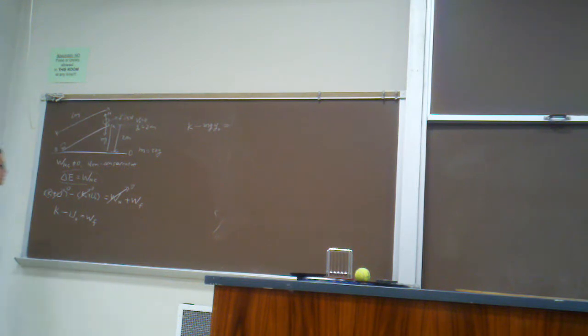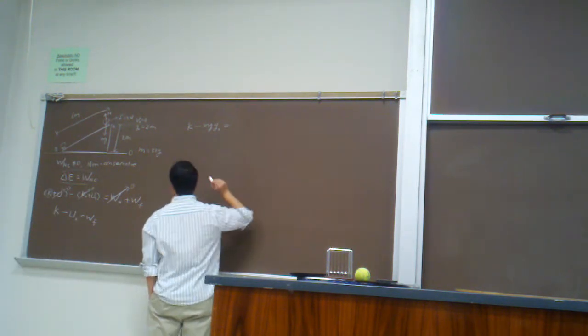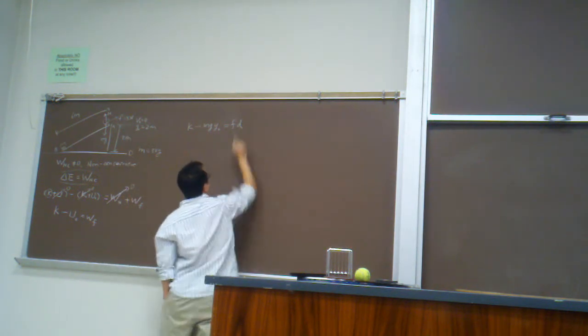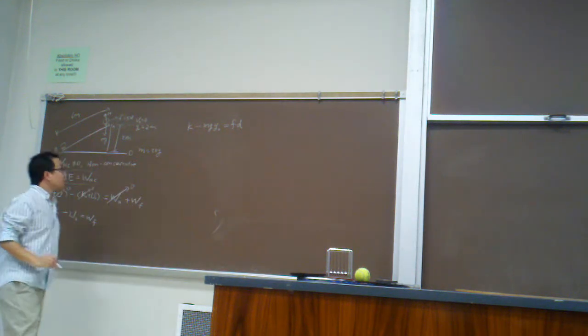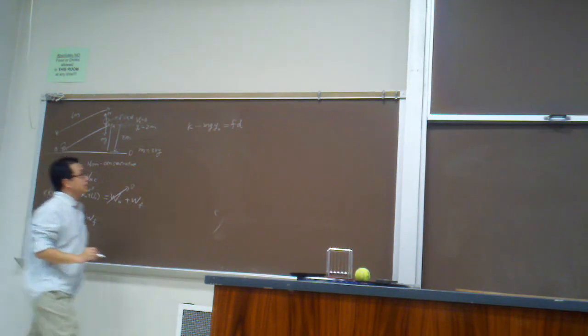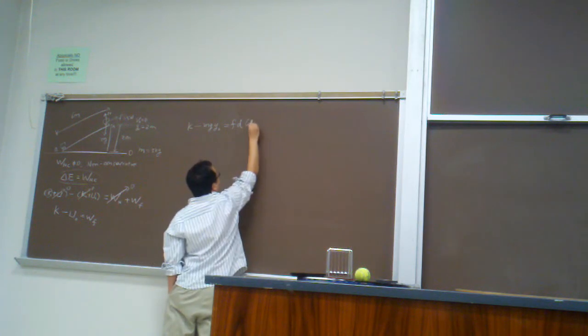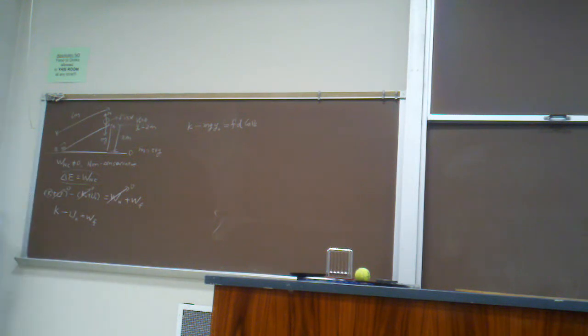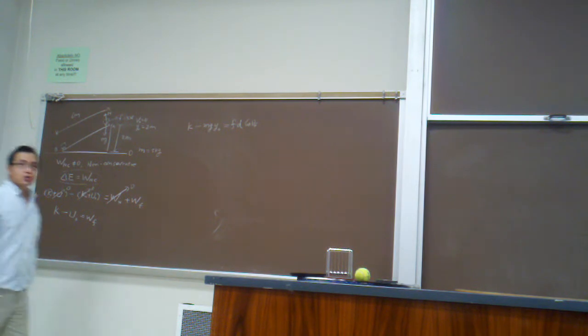The work is the force F, which is 5 newtons, multiplied by the distance, 6 meters, and multiplied by cosine theta F, where theta F is the angle between the frictional force and the direction of the motion. That angle is 180 degrees. Do you have any question?